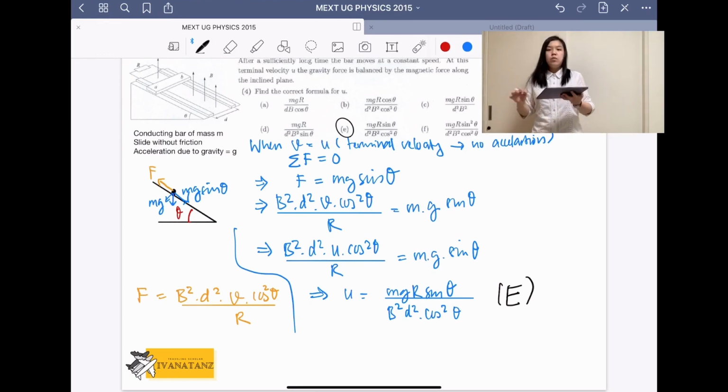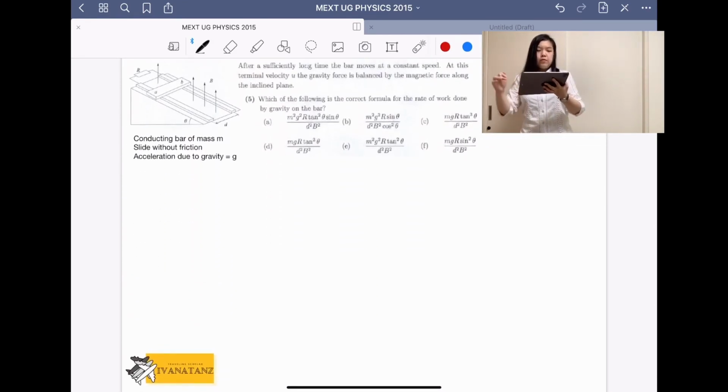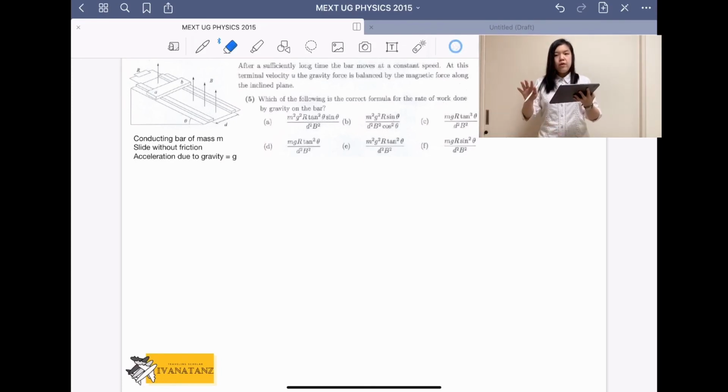Okay, now move to the last part of number 2, which is part 5. For part 4 and part 5, the condition is that the conducting bar of mass m has already reached the terminal velocity u, so there is no acceleration anymore. In part 5, they want us to find the rate of work done by gravity on the bar.